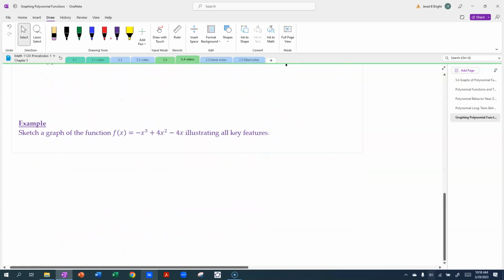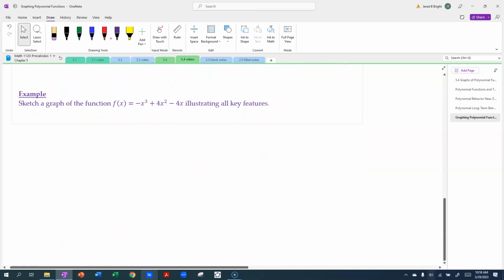Here is another function. I want you to pause the video, do everything that we need to: get the zeros, their orders, function values between them, intercept, long-term behavior, etc. Get all that information and then compare it to the solution you're about to see.